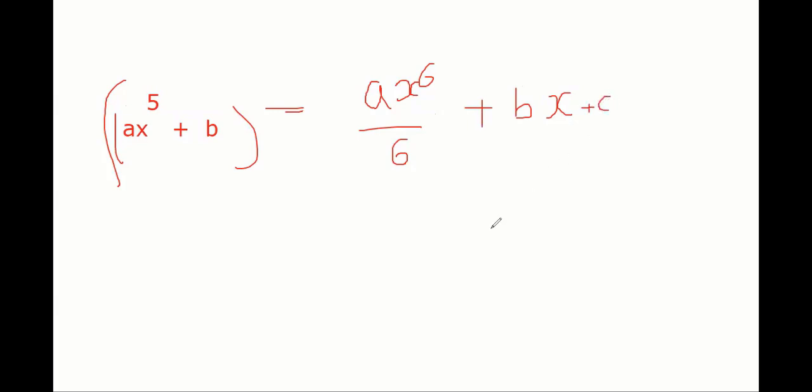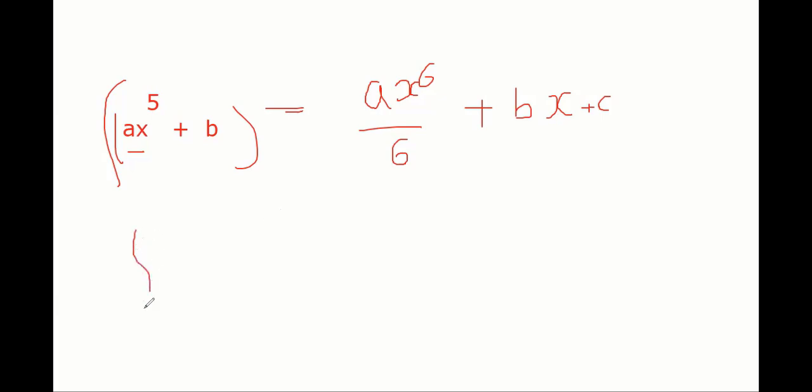But why I'm explaining this is because of the big difference between this and the other. So the integration of a x to the power 5 is a x to the power 6 by 6, plus the integration of b with respect to x, which is bx. What is the integration of 1? It's x, right? So the integration of b will be bx.